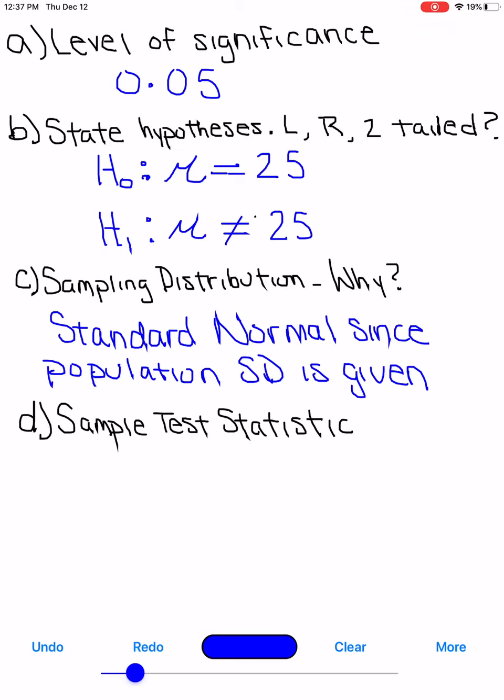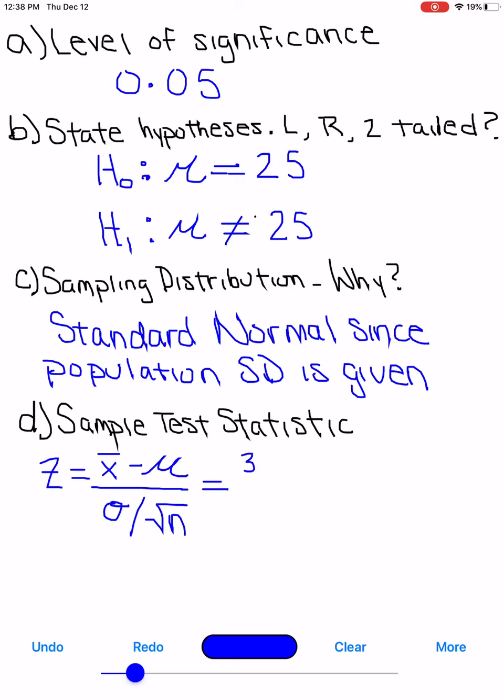Now we get into actually using the standard normal when finding the sample test statistic. So we will use the equation z equals x bar minus mu all over the quantity sigma divided by the square root of n. Up in the paragraph that we were looking at, it gives you all of these quantities.